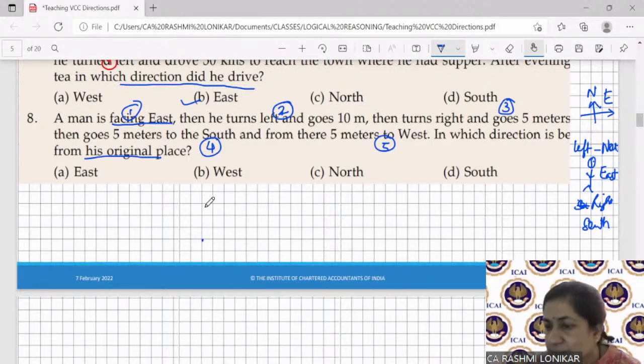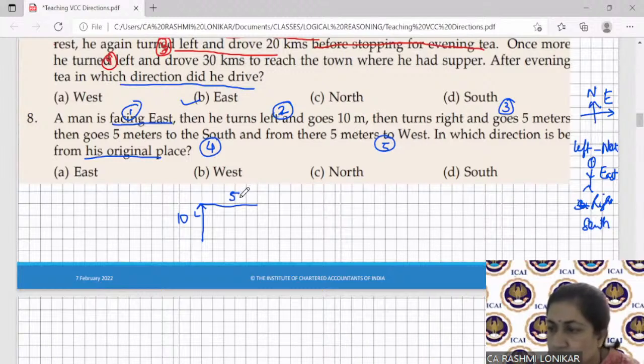The man is facing east. He turns left and goes 10 meters. I told you left means he's going north 10 meters. Now this is his left. Then he turns right and goes 5 meters. So he's going 5 meters to the right. Now this is his left, and he goes 5 meters.